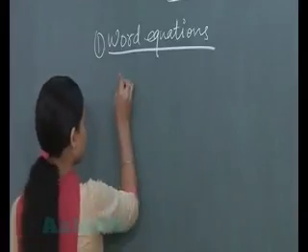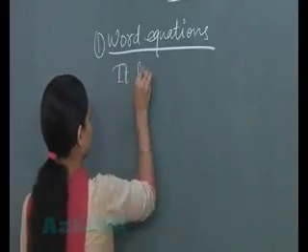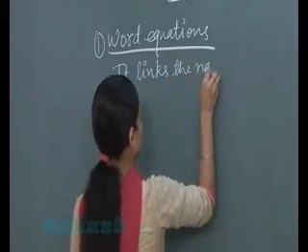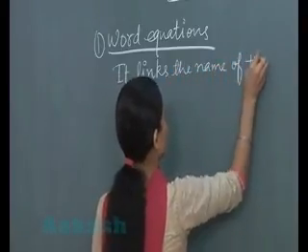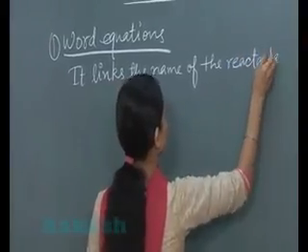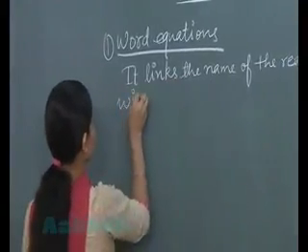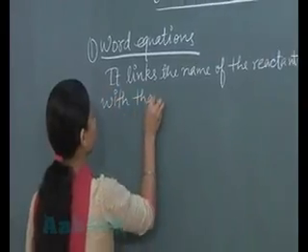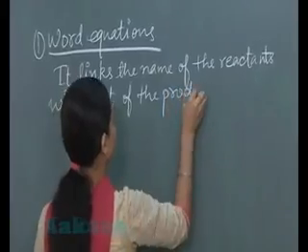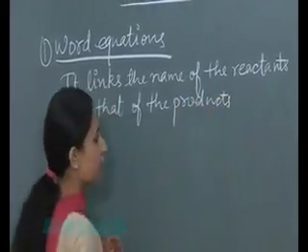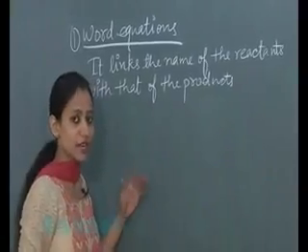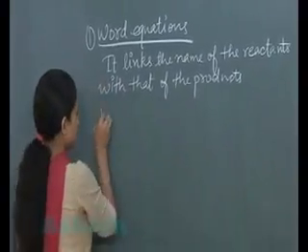So what I can write, it links the name of the reactants with that of the products. So students, if we have a reaction between magnesium and oxygen to give you magnesium oxide, I can simply write the name of the elements.